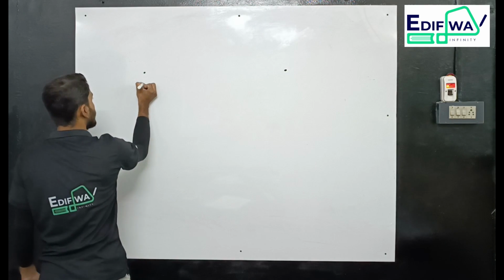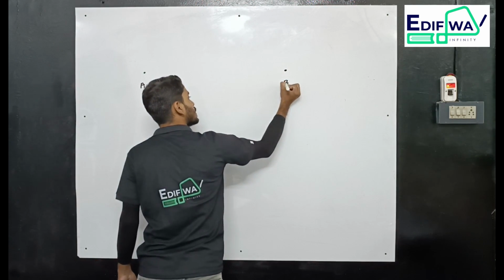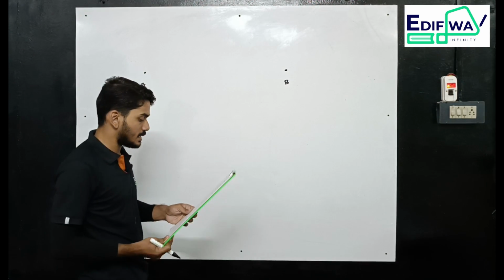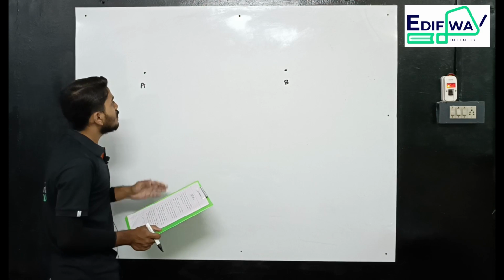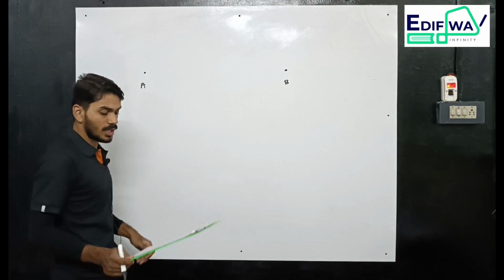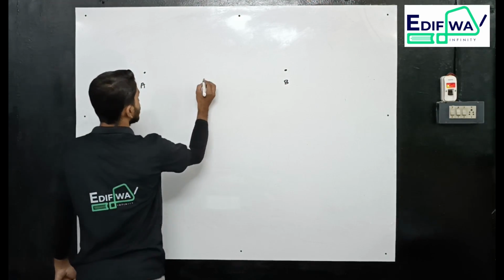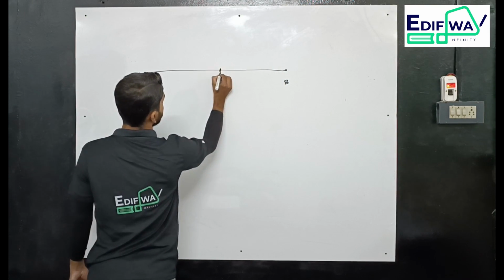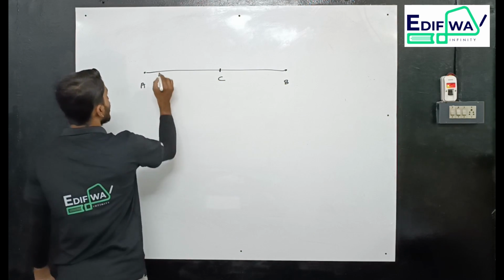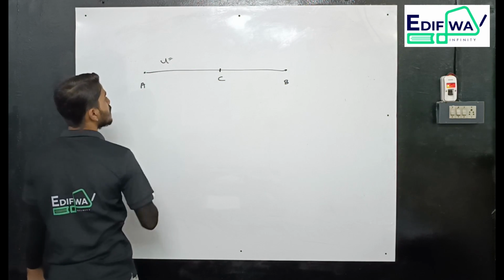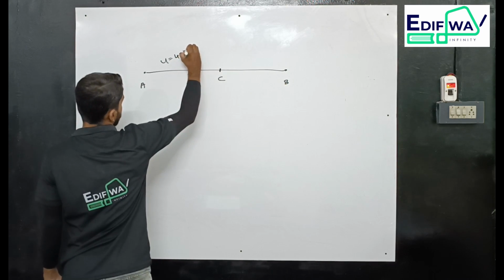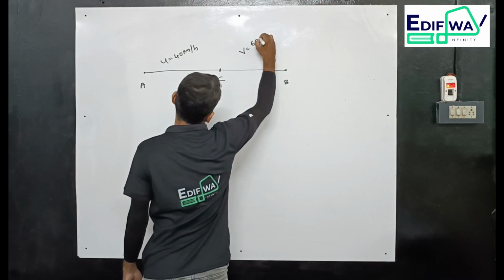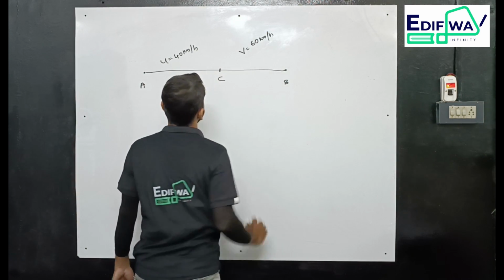Let the first place be A and the next place be B. And a car covers the first half of the distance, so this is the total distance, and let this be the first half, with a speed 40 km per hour and the second half with a speed 60 km per hour.